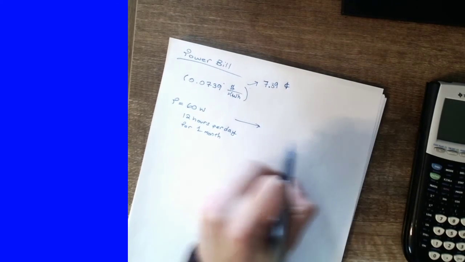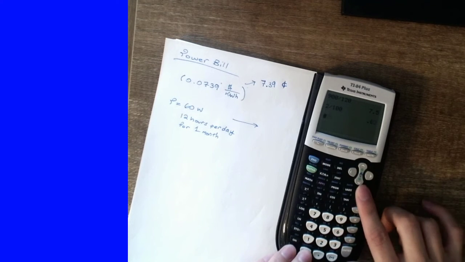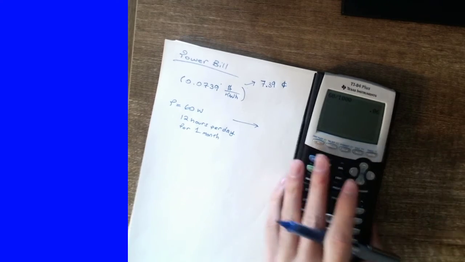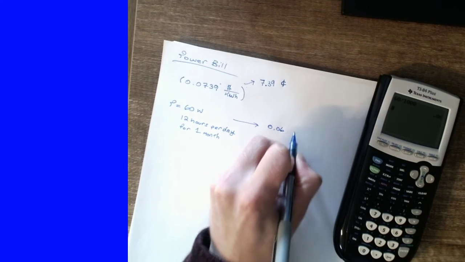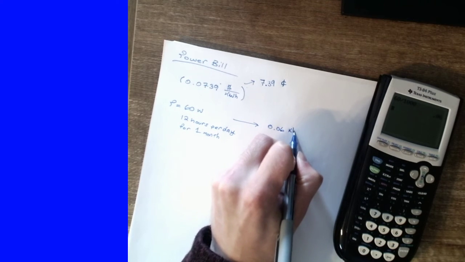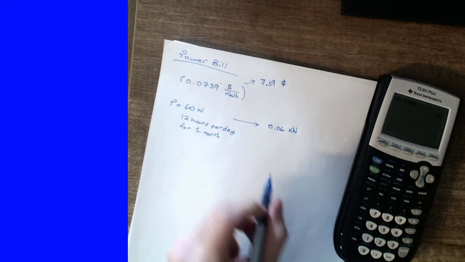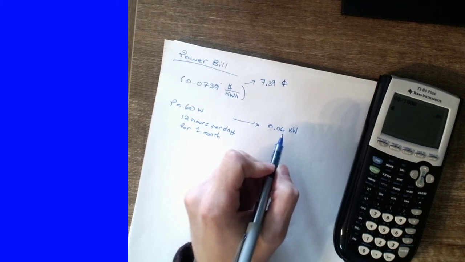We want to take the power of 60 watts and convert it into kilowatts. So we divide by 1,000 and we get 0.06 kilowatts. So that's the power rating for our light bulb in kilowatts.